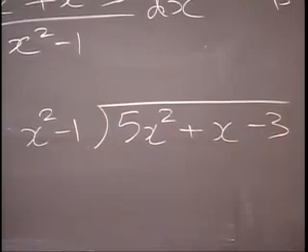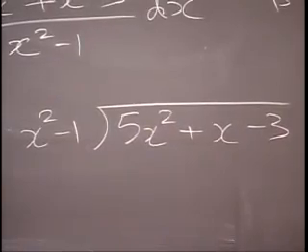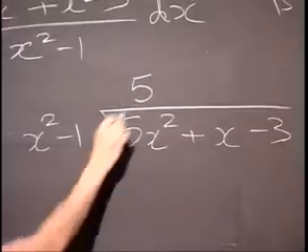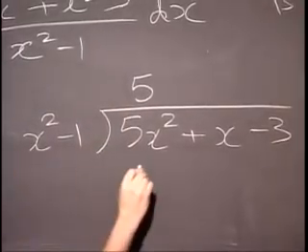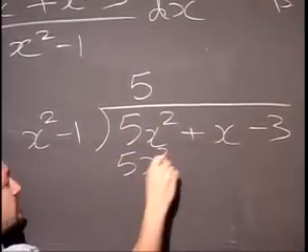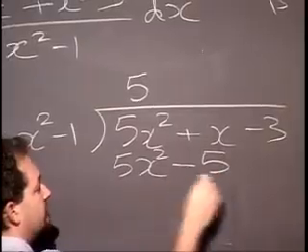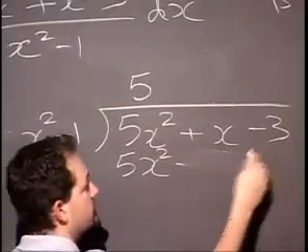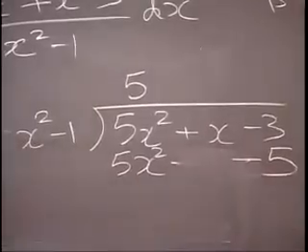So this is bringing us back to high school days, hopefully. x squared goes into 5x squared 5 times. Now multiply the 5 by the x squared minus 1, and you get 5x squared minus 5x. No, minus 5. I was right the first time, in my mind anyway.